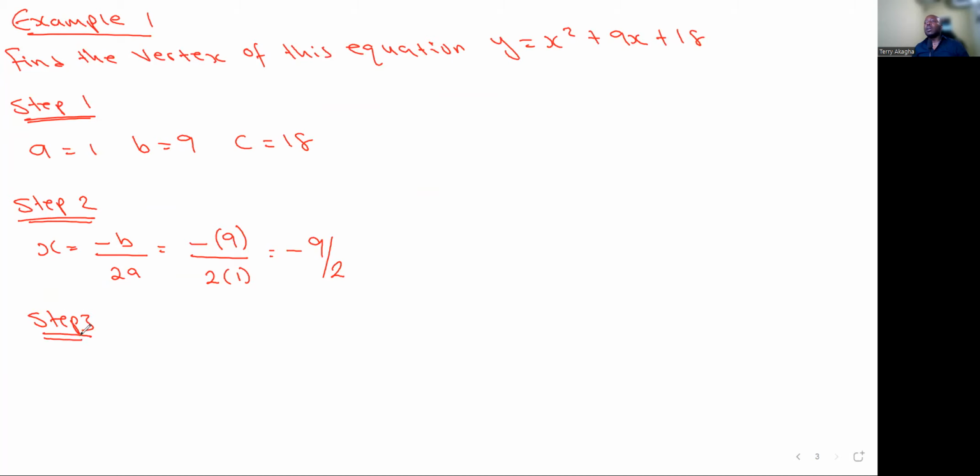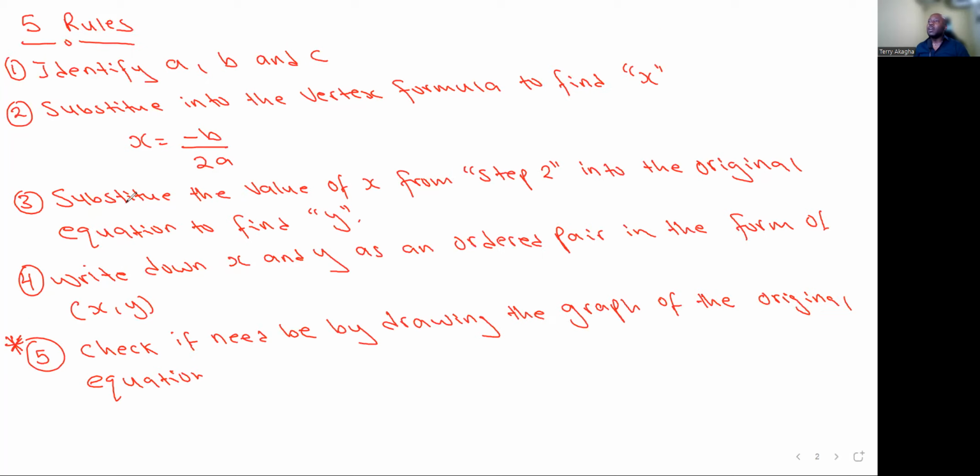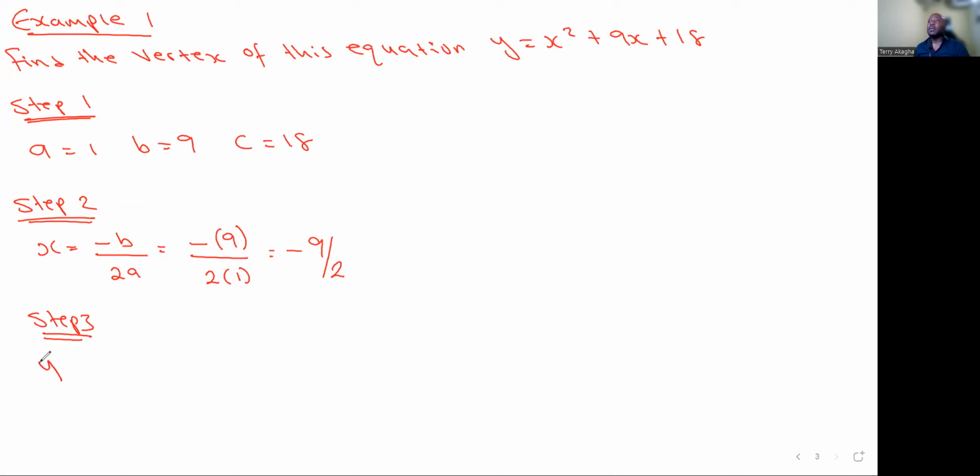Step 3, we then have to substitute the answer that we get into the original equation. So if you go back, we said substitute the value of x from step 2, which is minus 9 over 2, into the original equation to find y. So let's go. y is equal to x squared plus 9x plus 18.